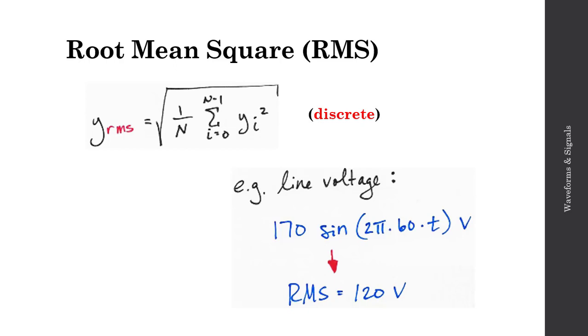So I've got a 60 hertz frequency coming through the wall, and I have an amplitude of 170 volts. But when you RMS this voltage coming off the wall, the RMS value is actually 120 volts. And that's what we tend to think of when we think of the voltage on the wall socket at home. But it's important to realize that's not the amplitude of the signal. 120 volts is actually the RMS value.